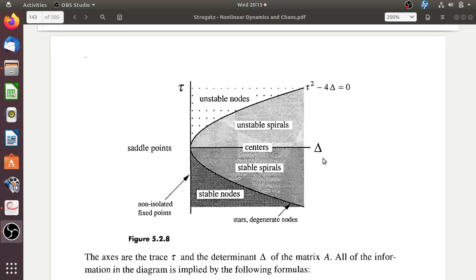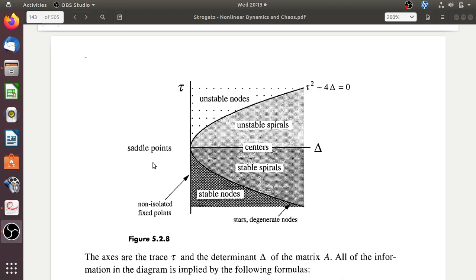Okay, because we have seen the dependence of lambda 1 and lambda 2 on the trace and determinant. We know that the trace represents the sum of the two eigenvalues, and the determinant of the matrix A represents the product of those two eigenvalues. Now, if my determinant is negative, which means this region, what will be my lambda 1 and lambda 2?